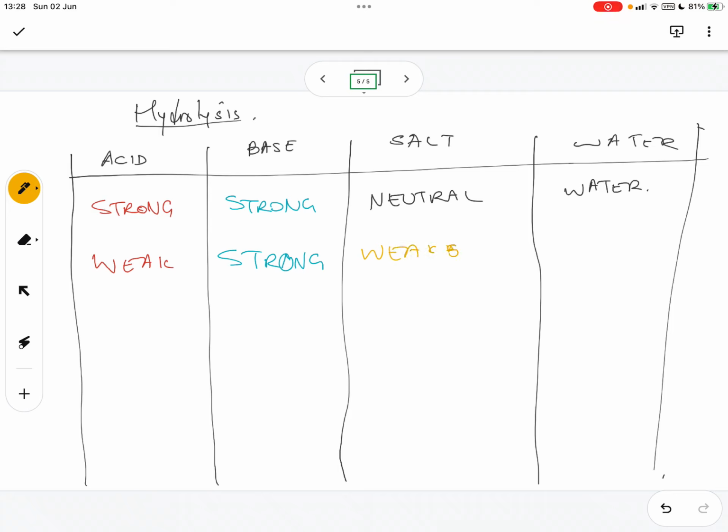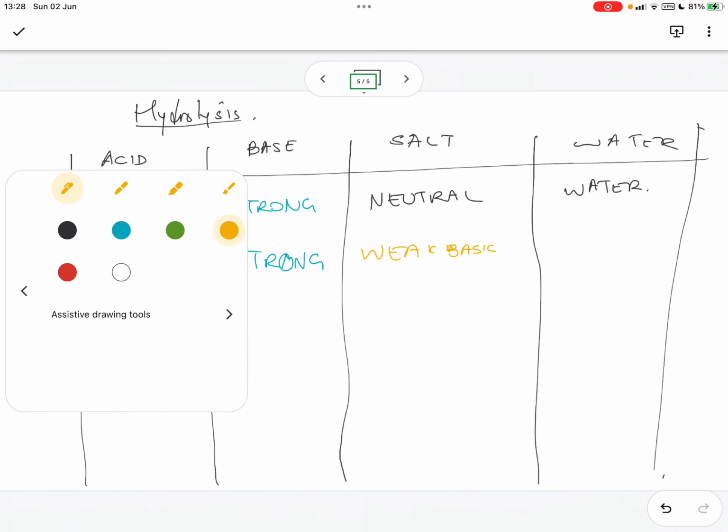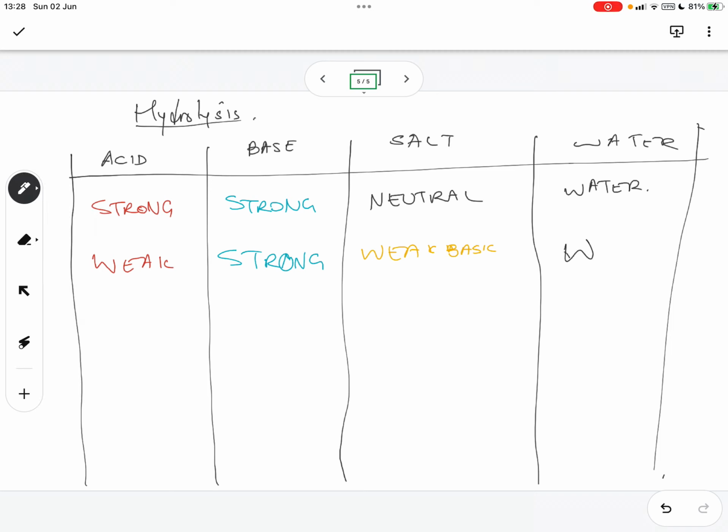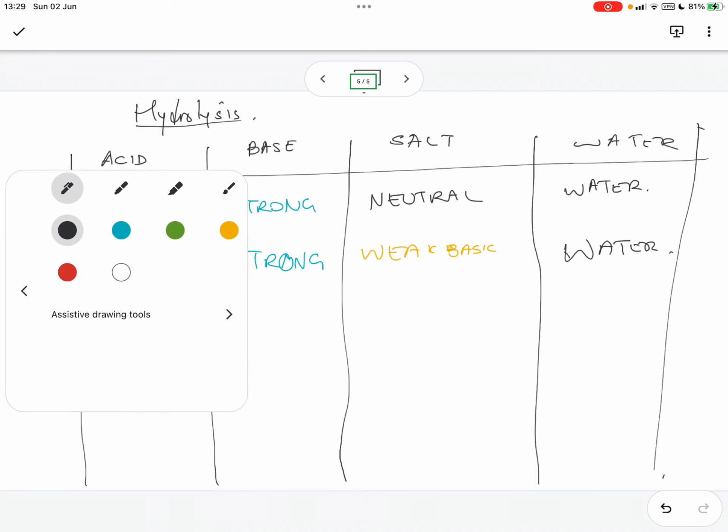So they'll give us a weak basic salt, ne? So the salt will be weak, but it will be closer to a base in pH. And then we still get water solution. So the neutral ones will just keep. So these are the rules that we need to keep in mind to answer questions like that.